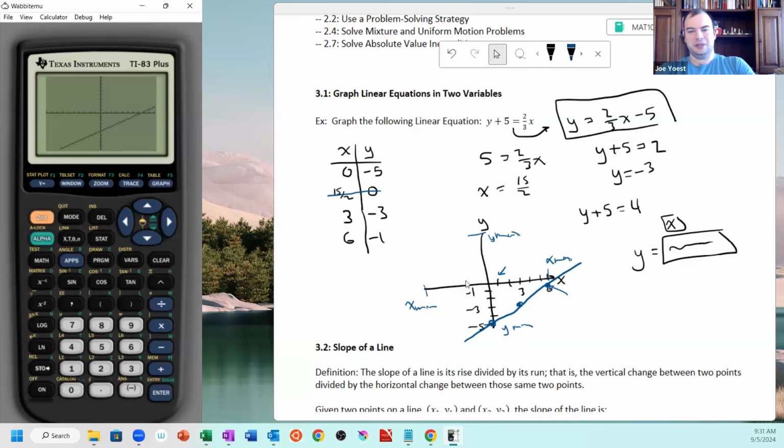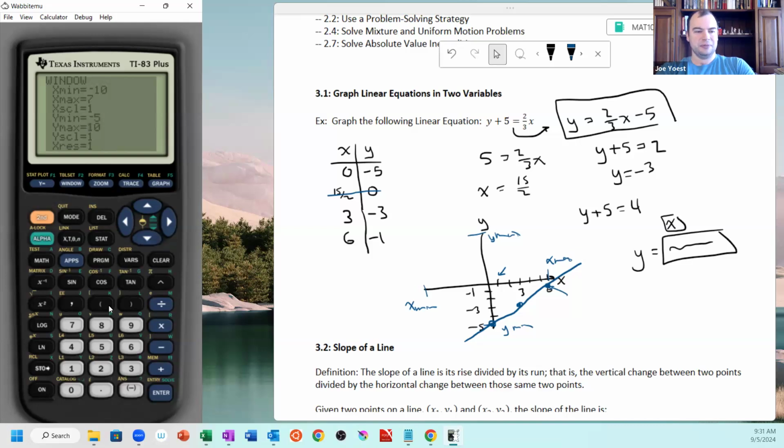So if I wanted something that looks a little more exactly like my picture, I might go into window and change my window so that, say, x max looks like it was maybe about 6 or 7 that I used here. Maybe I'll use 7. y min was like -5. And then my top part of my y-axis from what I drew here looks about the same size as my bottom part.